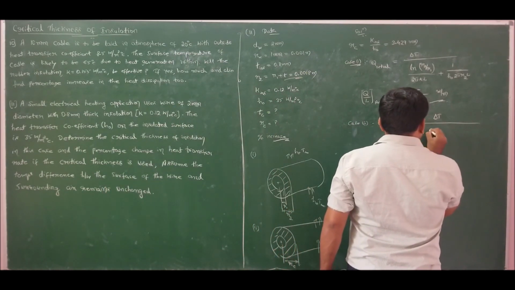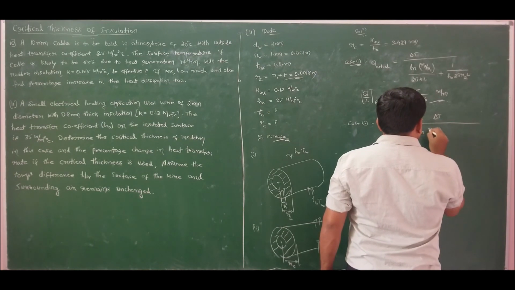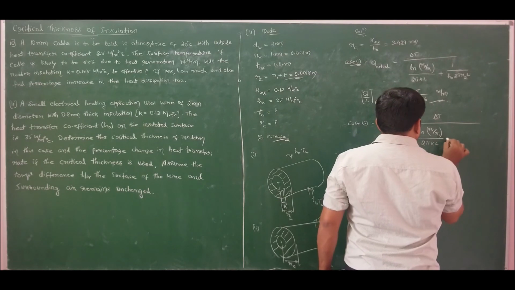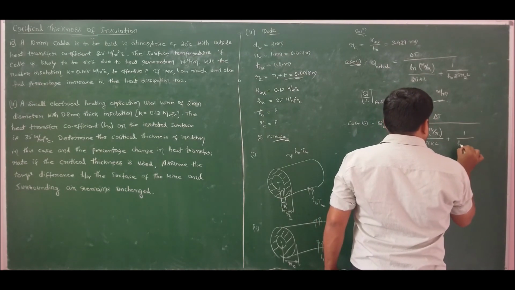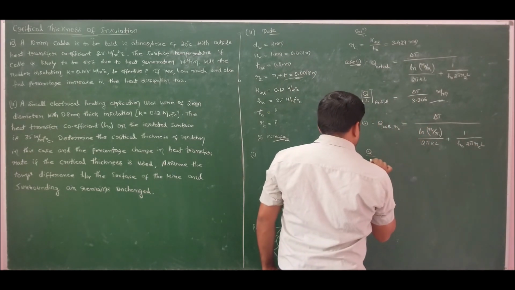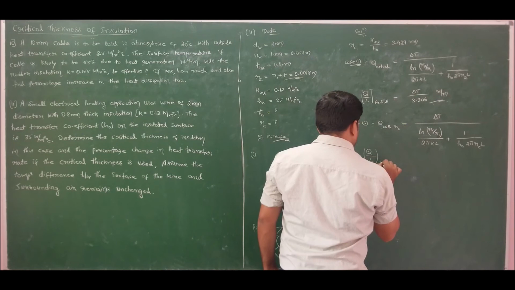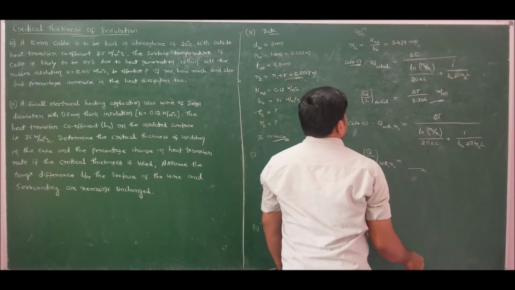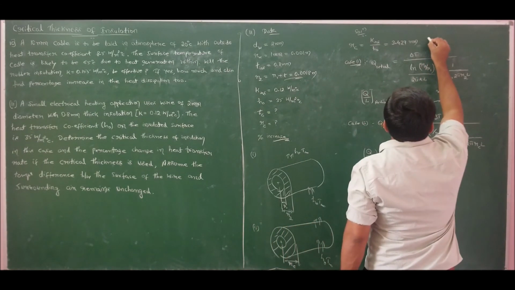We end up with ln of RC by R1 divided by 2 pi KL plus 1 by H naught 2 pi RC L. So he has asked us to find the critical thickness.